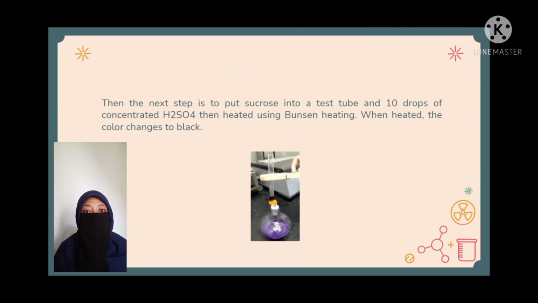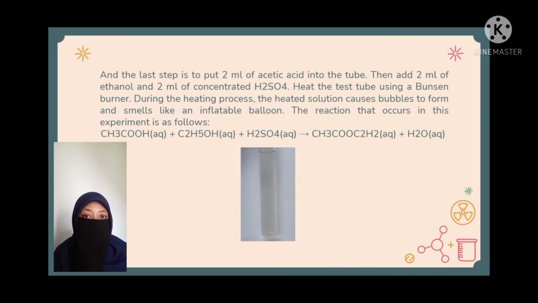Then the next step is to put sucrose into a test tube and 10 drops of concentrated H2SO4, then heat using a Bunsen burner. When heated, the color changes to black. And the last step is to put 2 ml of acetic acid into the tube, then add 2 ml of ethanol and 2 ml of concentrated H2SO4.